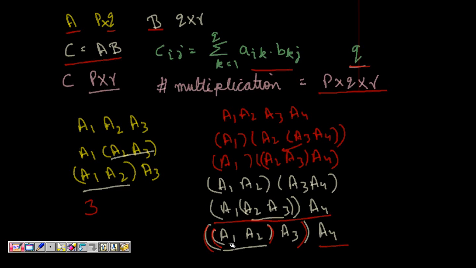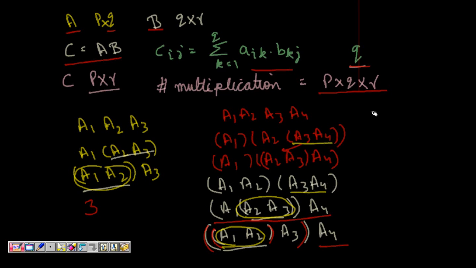But one very important observation: the A1, A2 multiplication is repeated in A1, A2, A3, A4 and in its subset A1, A2, A3 here. Again we see A2, A3 is getting repeated here. So we see there will be a lot of repetitions. A2, A3, then there is A3, A4 here, A3, A4 is here.